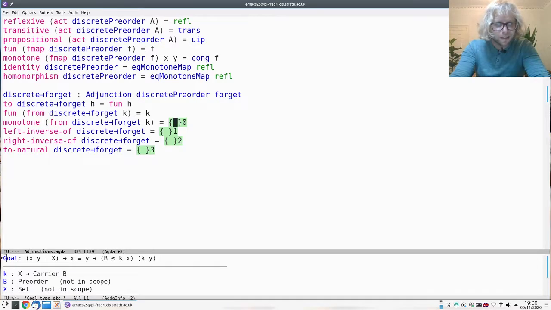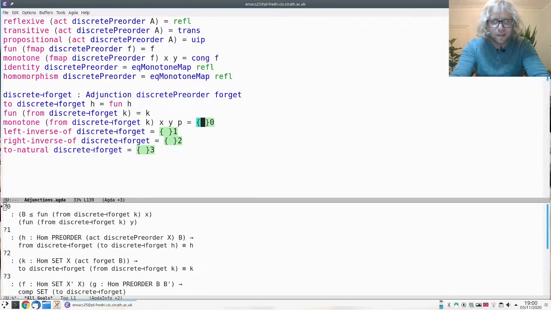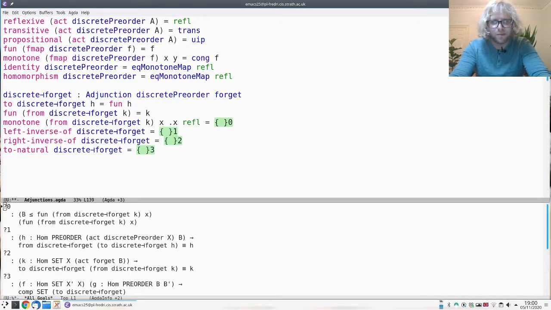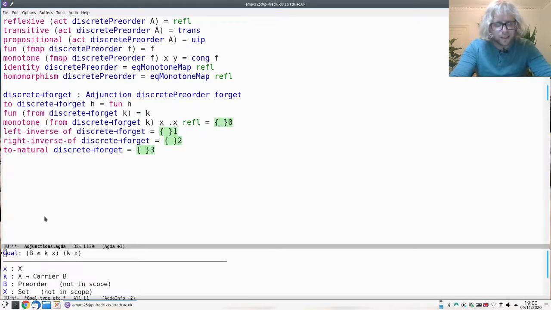But here, let's see, so we're given an x and a y and a proof. And we have to show that k of x is smaller than k of y. Okay, that seems hard, right? But we know that x is equal to y. So we pattern match on that proof. Then I just have to show that k of x is smaller than k of x.